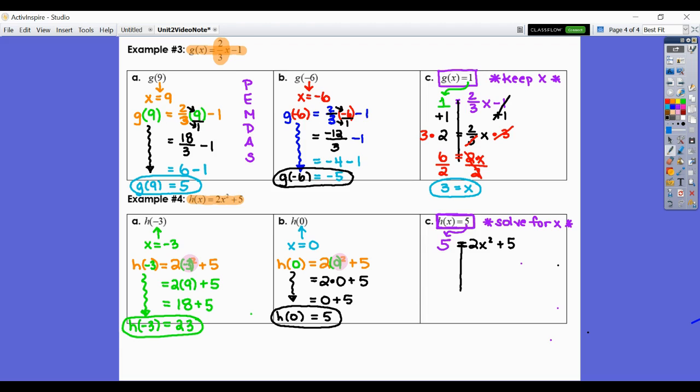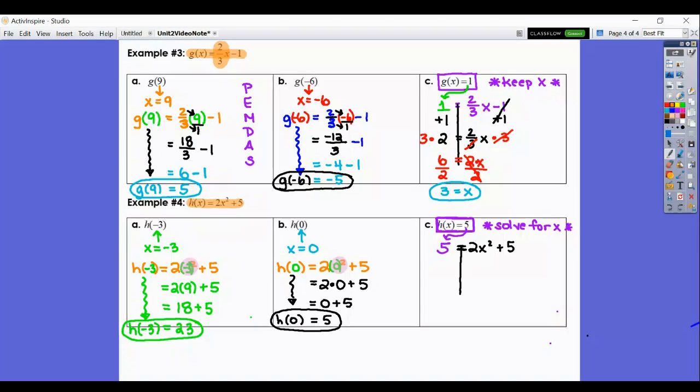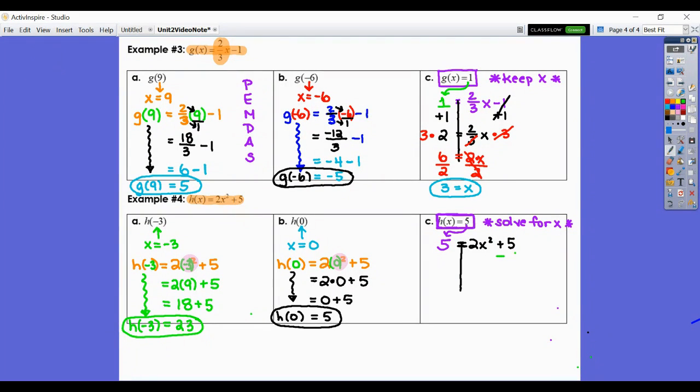Because I still have x in my function, I go ahead and solve for x, think back to how to solve equations. That plus 5 needs to move away from the x by subtracting 5 on each side. 5 minus 5 canceled, and 5 minus 5 is 0. Bring down the 2x squared I did nothing with. From here, 2 is multiplied to that x squared, so I do the opposite of multiplication to move that 2 away from x squared.